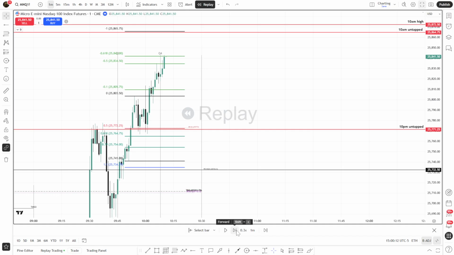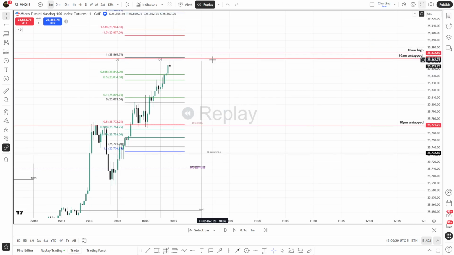Okay, we see price moving along, and we see price being drawn to this other 10 a.m. untapped level. All right. Price taps that level.